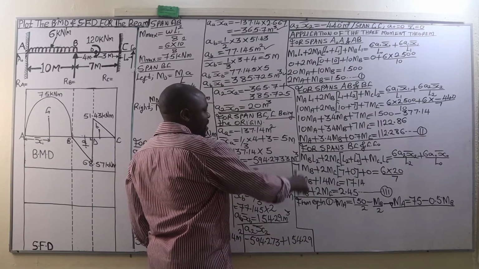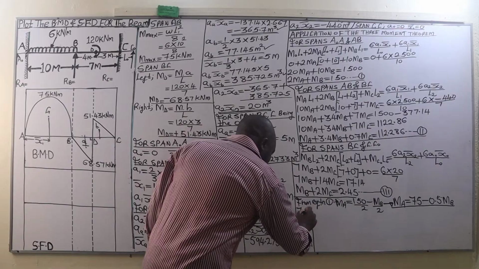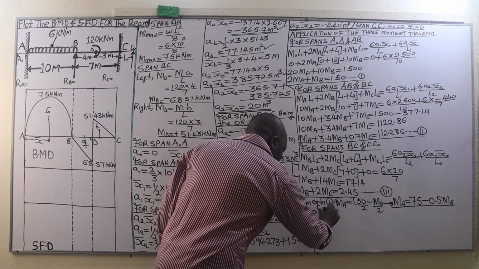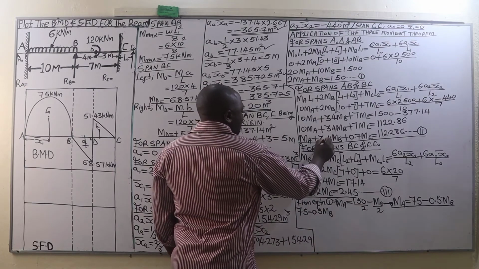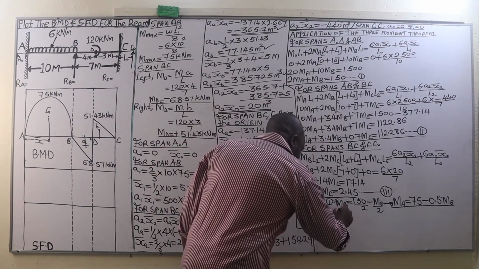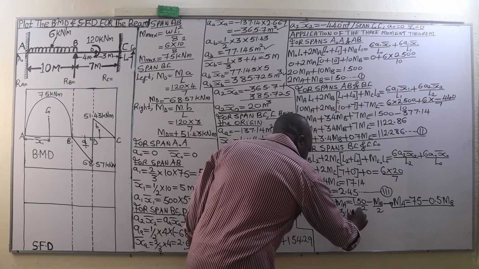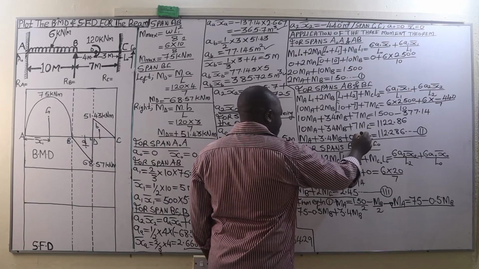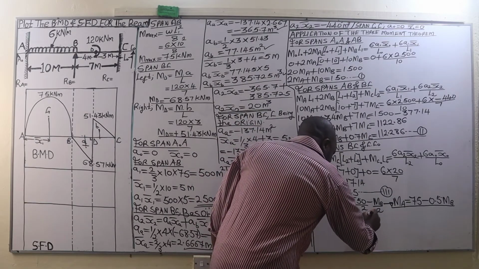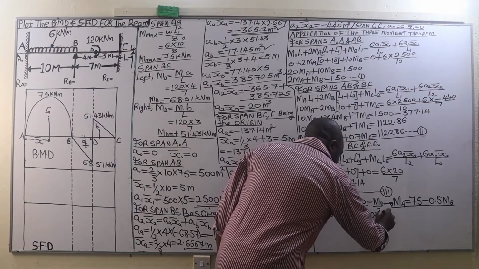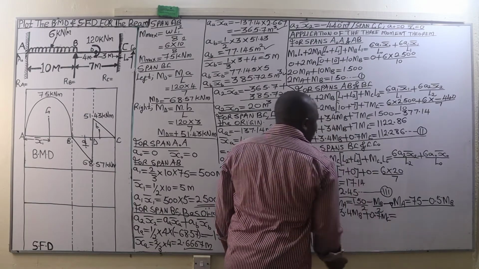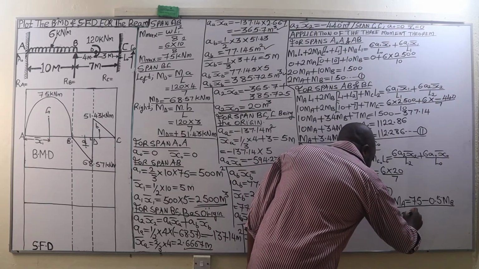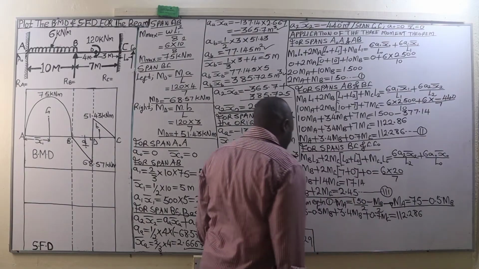So we are going to replace this MA with what we got here. So that's going to give us 75 minus 0.5 MB plus 3.4 MB plus 0.7 MC, which is going to be equal to 112.286.